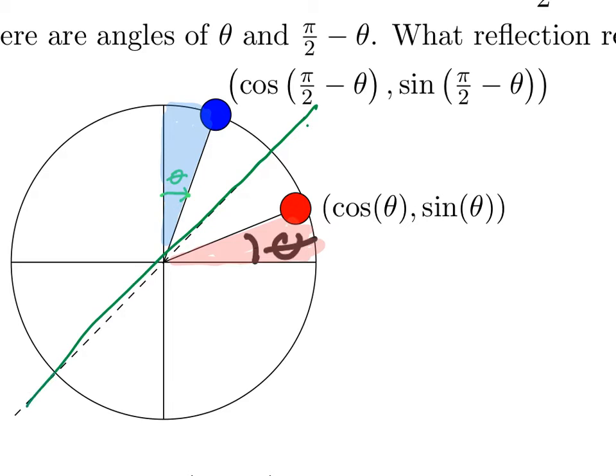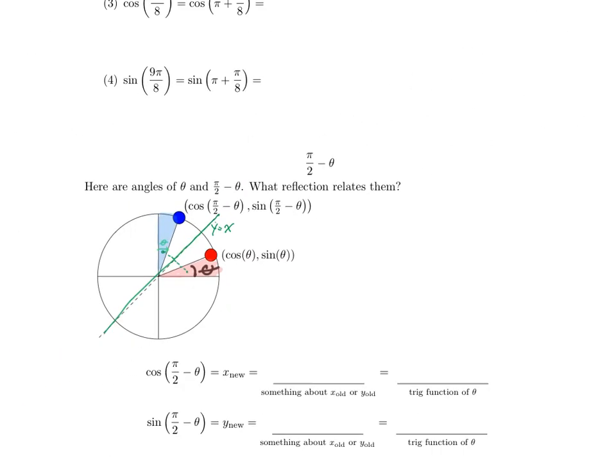So if there's the line y equals x, if you reflect over that line, then a point in this red region becomes a corresponding point in this blue region. So here are the angles of theta and pi over 2 minus theta. What reflection relates them? Well, reflection over the line y equals x.